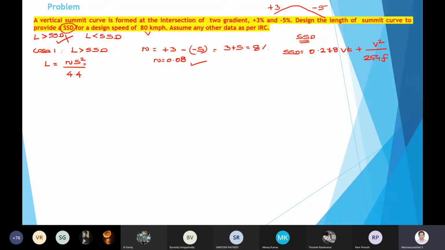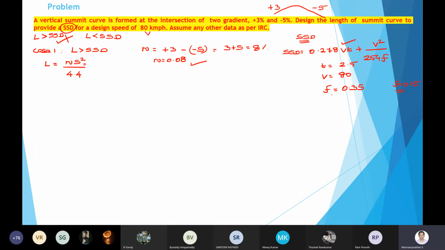So we estimate with respect to the given speed, and T we assume as 2.5 seconds. If it is OSD, you assume 2. So here we assume 2.5 seconds, V is 80, and F is the longitudinal coefficient of friction, 0.35. It is not lateral. If it comes to super elevation, then the value is 0.15.